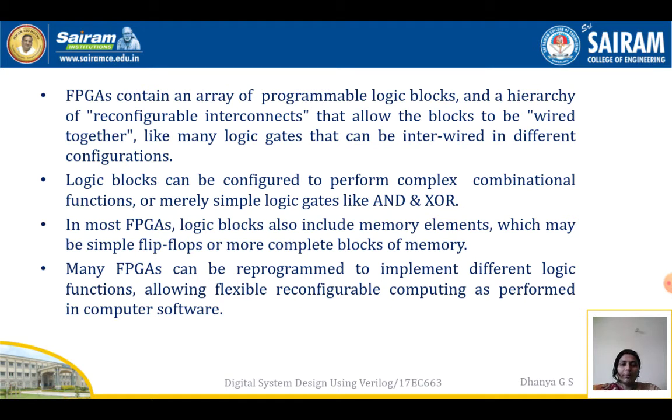Logic blocks can be configured to perform complex combinational functions or merely simple logic gates like AND and XOR. In most FPGAs, logic blocks also include memory elements, which may be simple flip-flops or more complete blocks of memory. Many FPGAs can be reprogrammed to implement different logic functions, allowing flexible reconfigurable computing as performed in computer software.